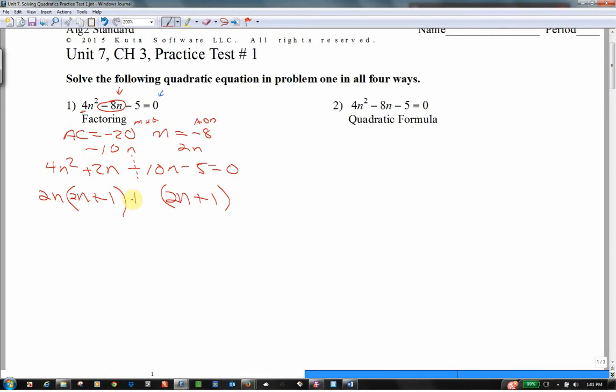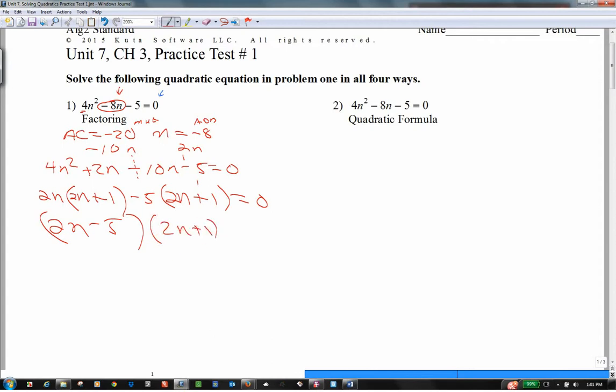No, a negative 5 out, because this one has a negative sign, this has a plus sign, so to get the signs to switch, a negative is going to have to be factored out. So that would be minus 5. Okay, so I'm going to have 2n minus 5.